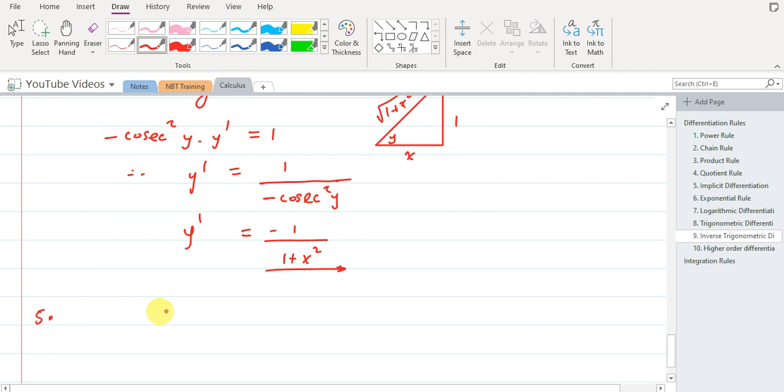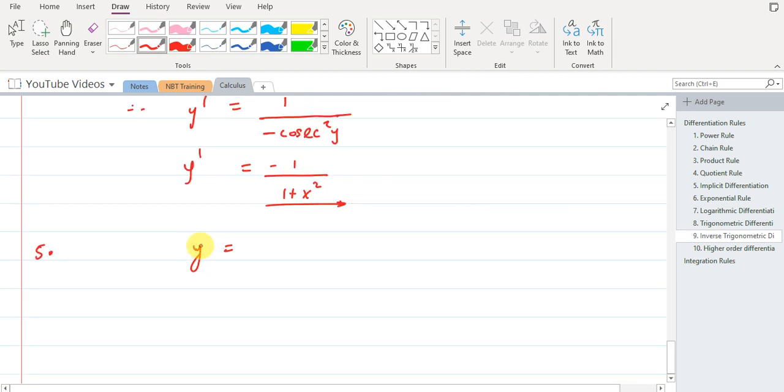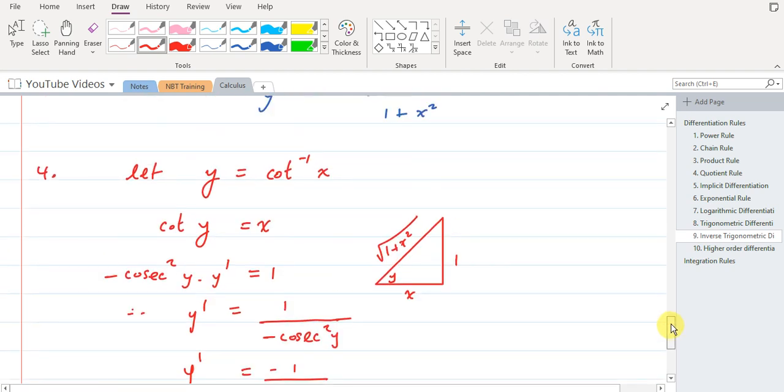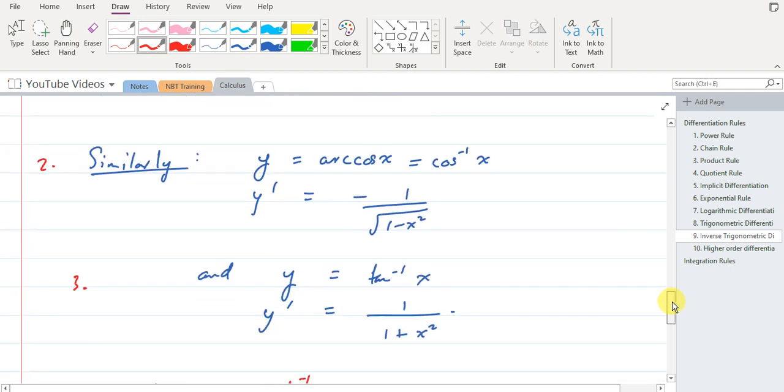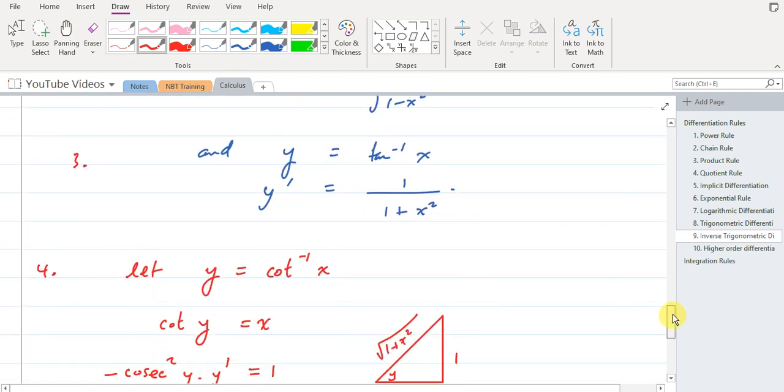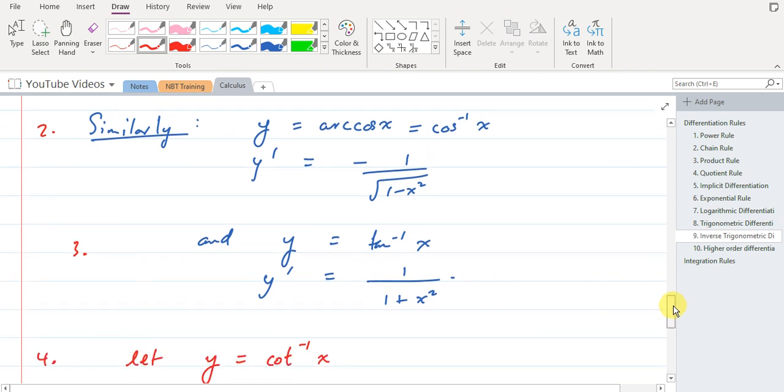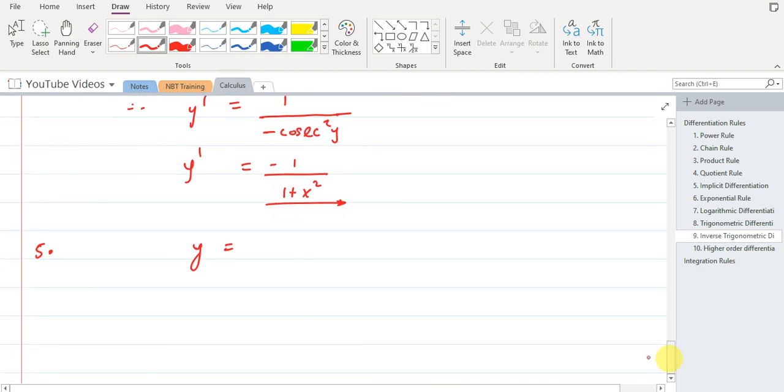I want to find the derivative of sec inverse x.